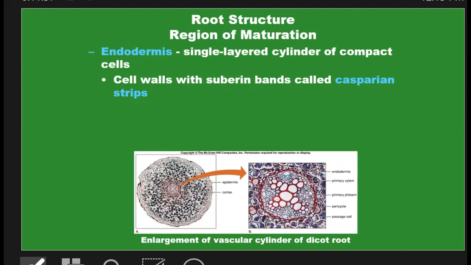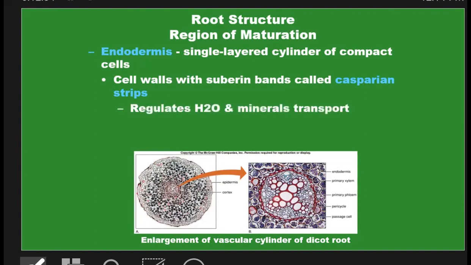Inside the endodermis you have mostly vascular tissue. The endodermis, I'll show you another picture. The endodermis also has a special strip in it, so to speak, in the cell wall that is really waxy. It's made out of suberin wax. The suberin is just a type of wax. And it's laid down in this strip-like formation. I'll show you a picture.